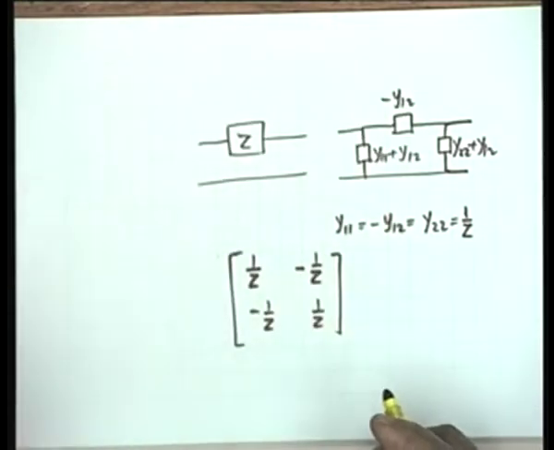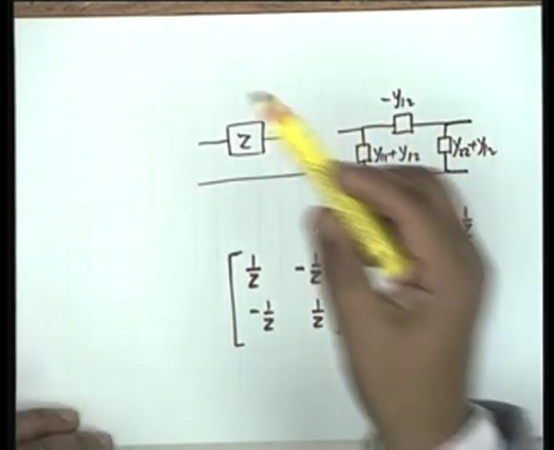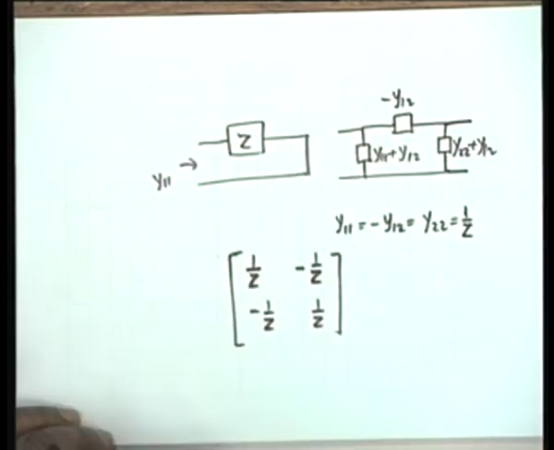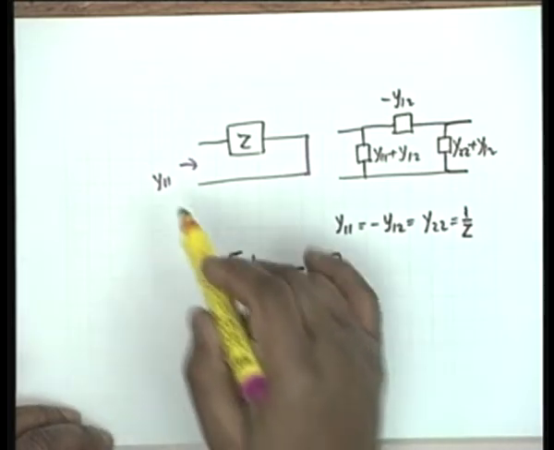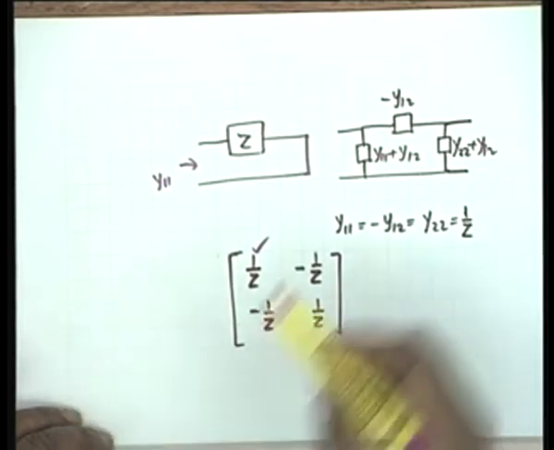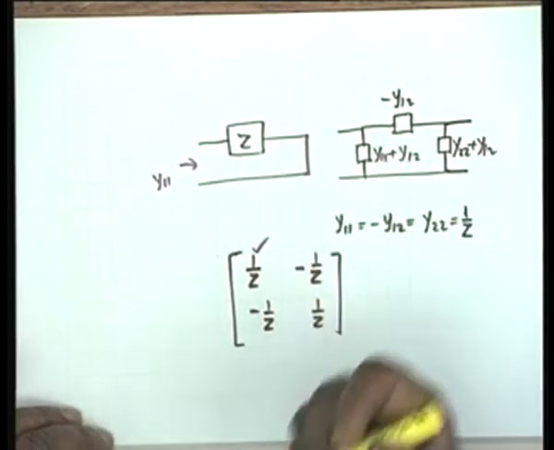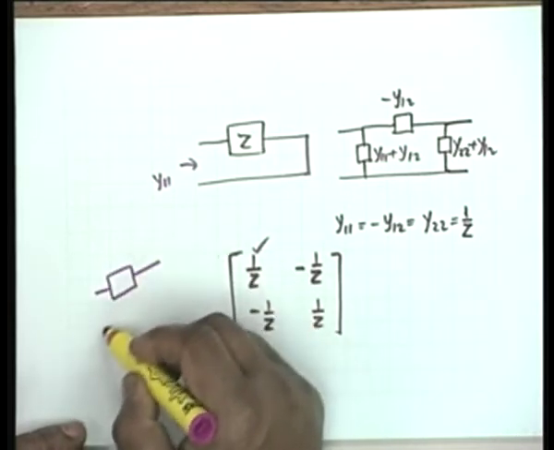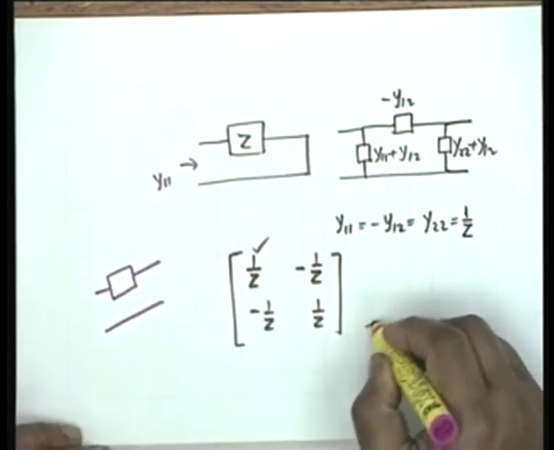And I did not calculate anything. Now let us see if the calculation gives the same thing. Suppose I want to find out y11, then I short circuit this, and therefore y11 would be simply 1 by z. Similarly, y22 by symmetry is also 1 by z. To find y12 or y21, how do I do that?